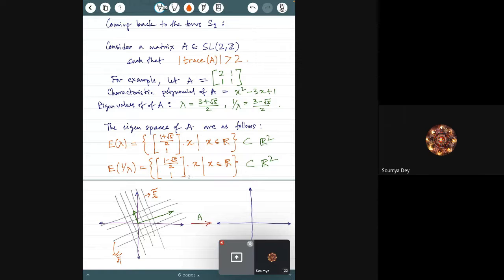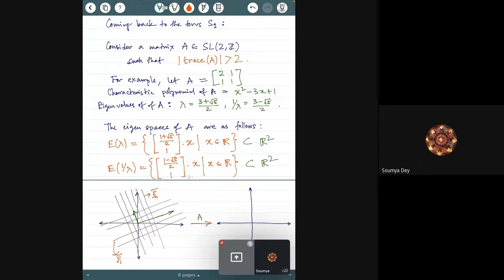Consider the matrix A, which is 2 1 1 1. The trace of this matrix, if you calculate, is 3, right? You could have considered any matrix with absolute value of trace of A greater than 2.